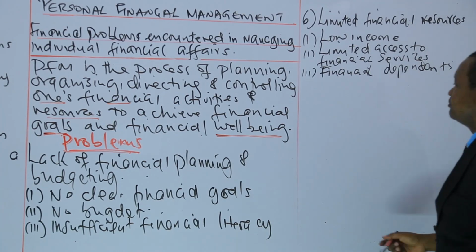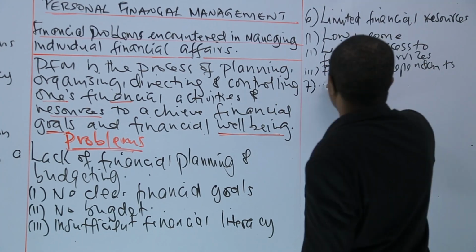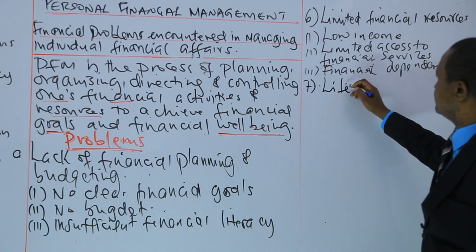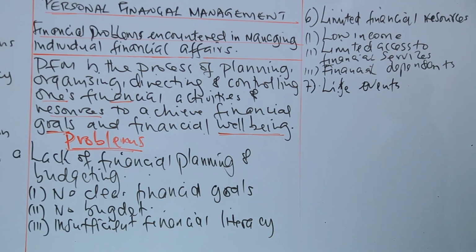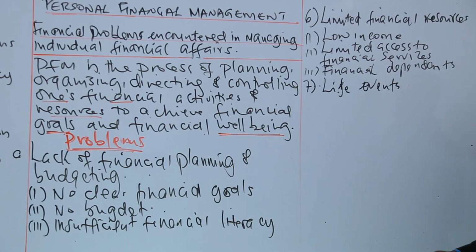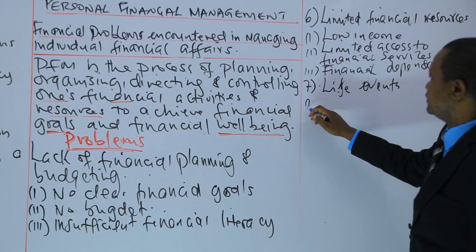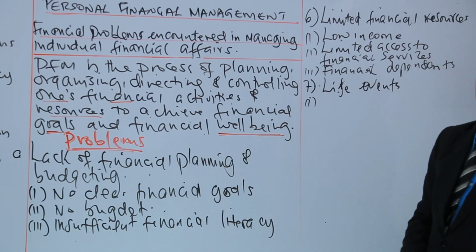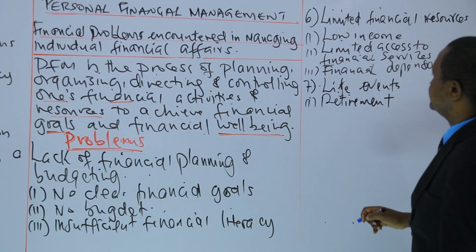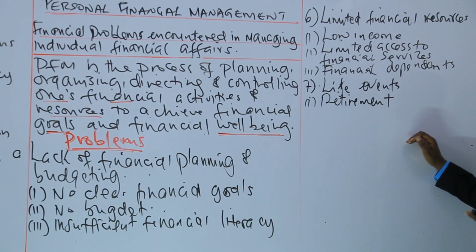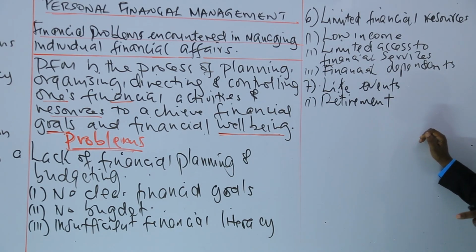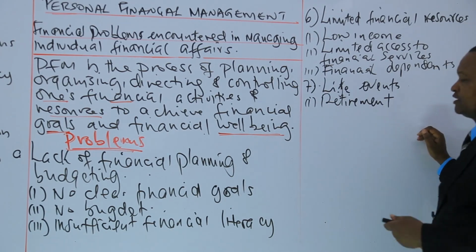Then the last category, number 7, life events. One example of an inevitable life event is retirement. Retirement is inevitable, so planning for retirement may require careful financial management in order to ensure financial security in later years.